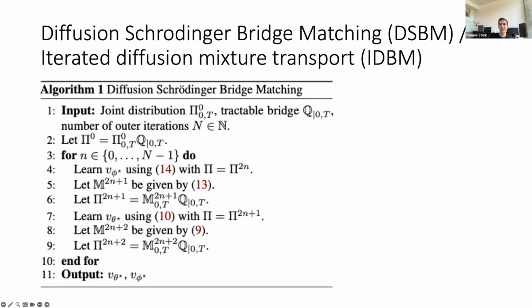So how intuitively does finding the pairing work? You say we do our flow matching without any pairing, and then we simulate from one side, and then how do we continue training from there?